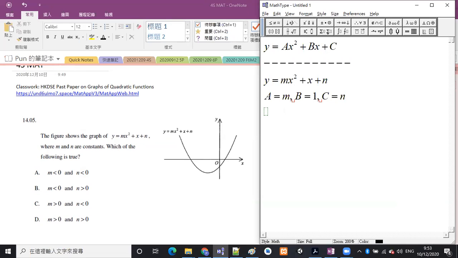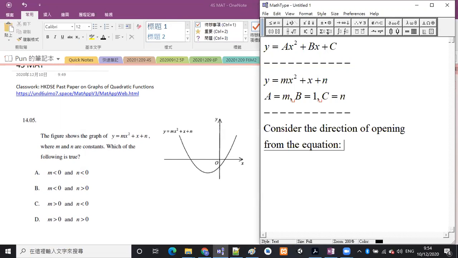Okay. At first, we consider the direction of opening. From the equation, we know that A is equal to m. And then from the graph, because the graph opens upwards, we can say that A should be larger than 0.